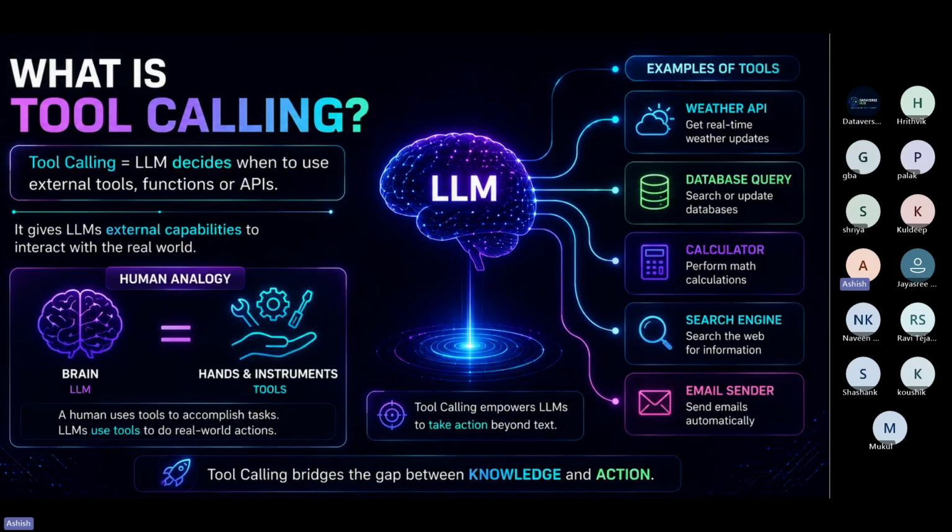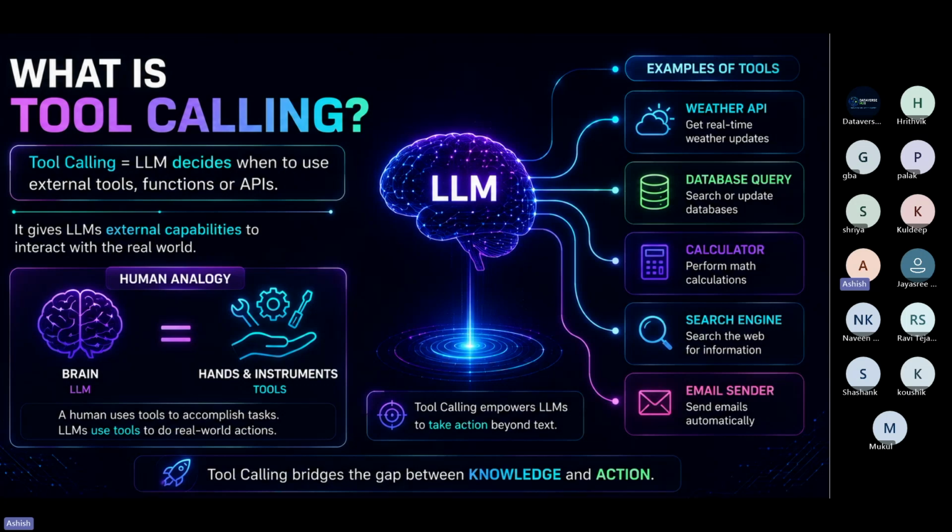In a similar analogy, the LLM is the brain, and the hands and instruments act as tools. The LLM uses the tool to do real-world actions, just as we human beings use different tools to accomplish our tasks. So tool calling empowers the LLM to take action beyond just generating text. That's the gap we are bridging between knowledge and action. This is what tool calling is in the technical sense.